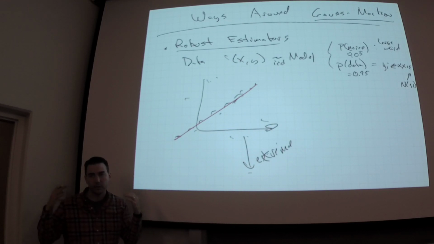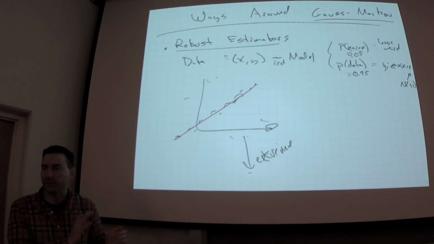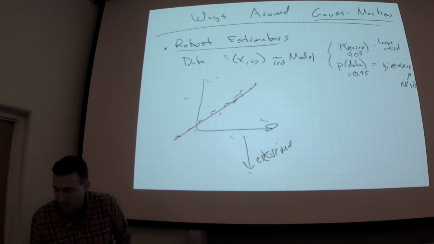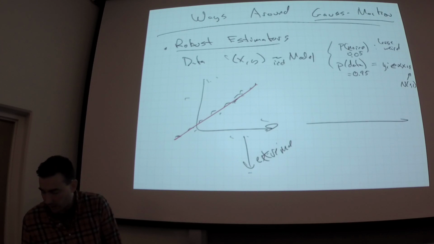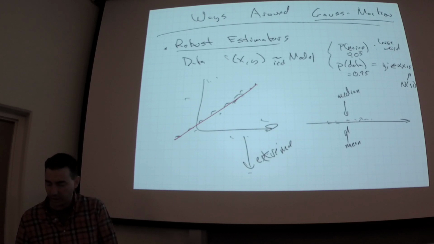So the regularization terms, ridge regression and lasso, will help in this regard, but there are other ways of dealing with this too. It's the same way that if I have a one-dimensional distribution and I want to find an estimator, the mean is one way to estimate it, and the median would be another.